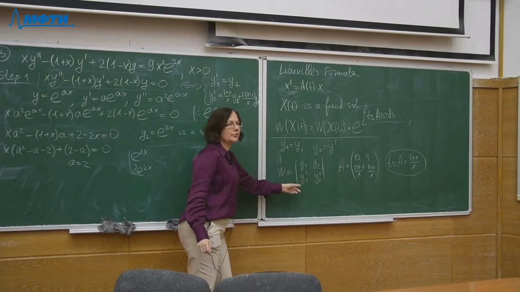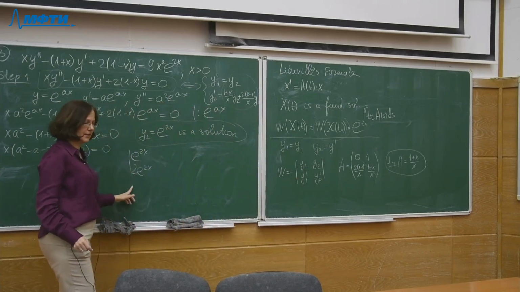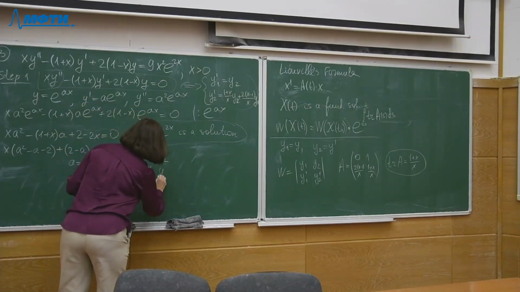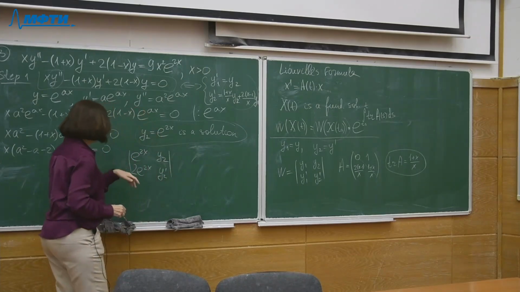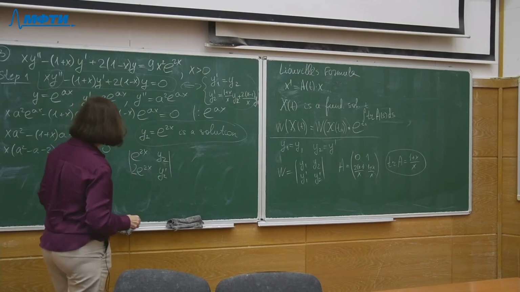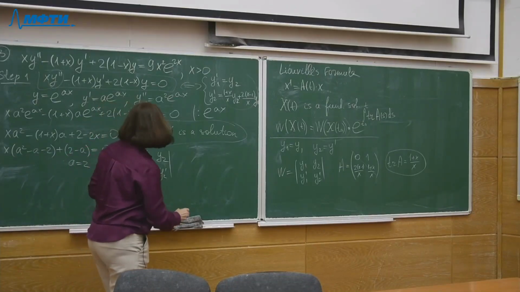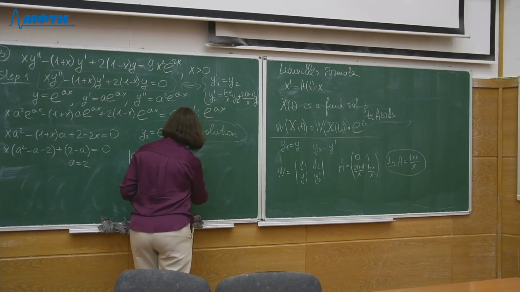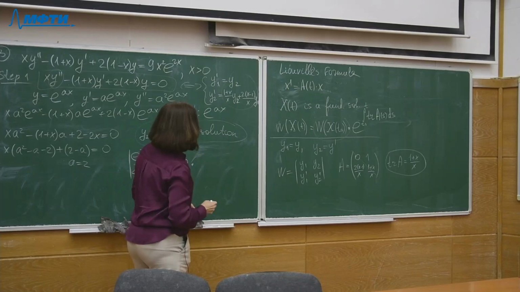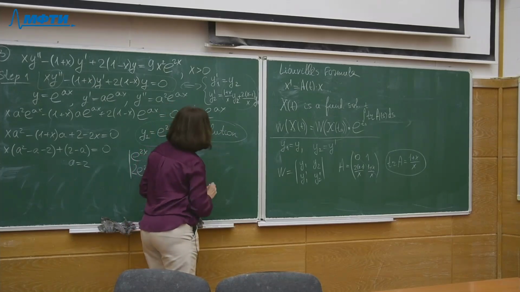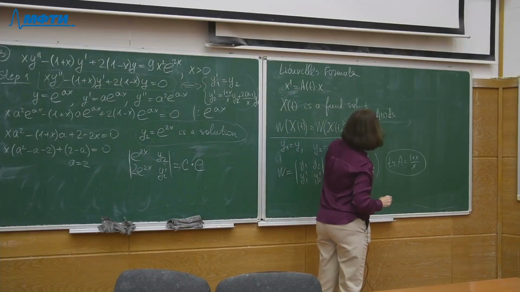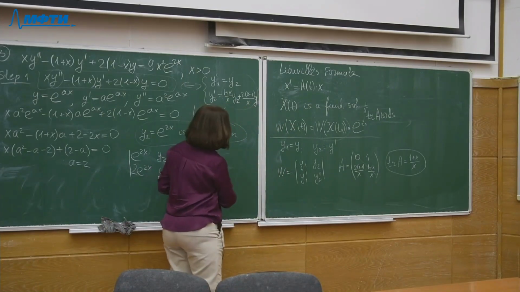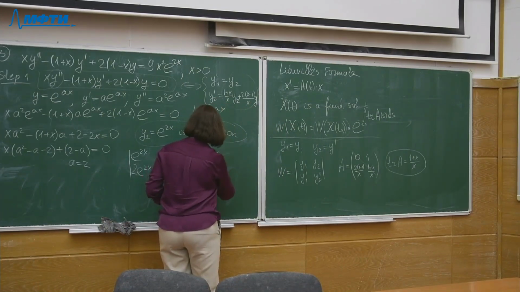So this is the first column. In our case, it has this form. Then y2, we're looking for y2, and the derivative y2 prime, equals the constant times e raised to this power, the integral of 1 plus x over x dx.